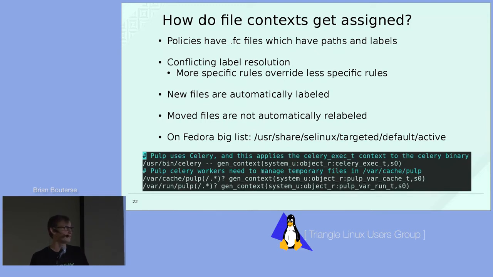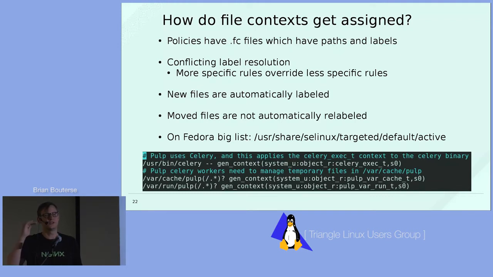So for any given file in the file system, SELinux can say, oh, I know you, file. I know that you're supposed to receive this particular label. You could imagine that two different policies could both claim ownership over a particular file because it allows for wildcards.